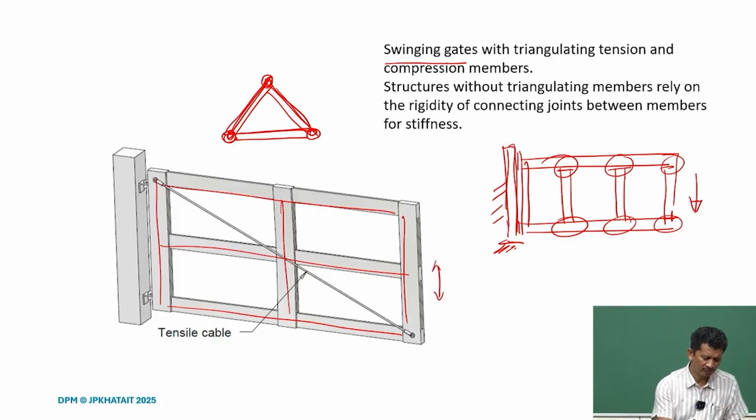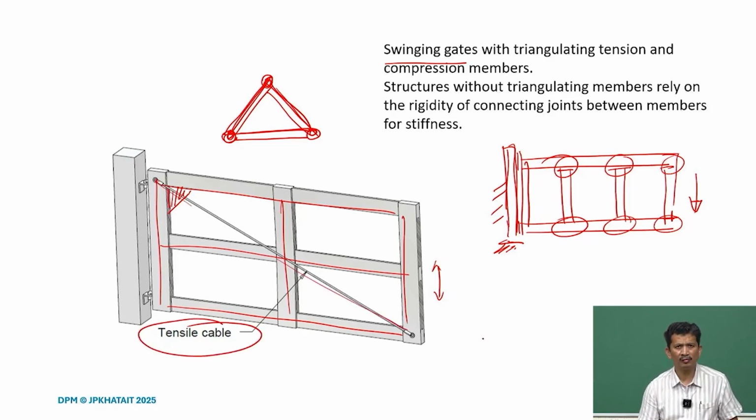Yes, many times we put this kind of thing, angles, that is one of the ways. But what you realize is that if you just put a tensile member here, a tensile cable, this will work, because what happens is the gate is trying to sag like this.